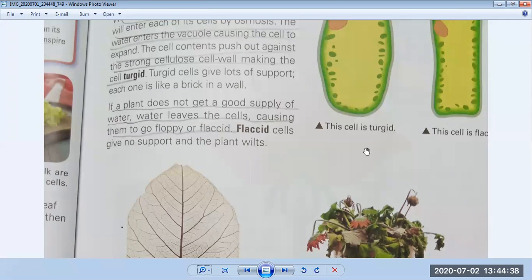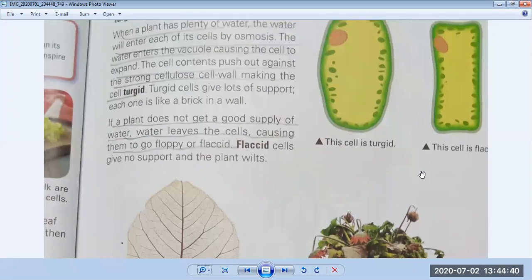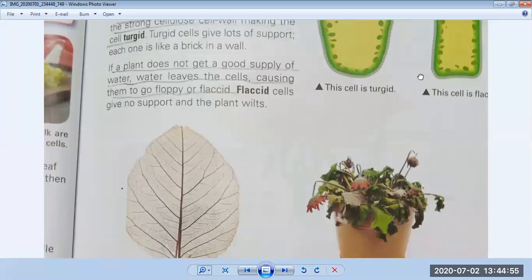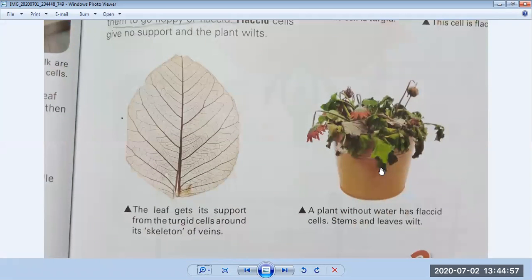You can also see this is a diagram of a flaccid cell. This is a turgid cell which is strong, and this is a flaccid cell which has shrunk because it has lost its water, so it cannot support the plant. Its example you can see in your book. This diagram is given: a plant without water has flaccid cells, and stems and leaves wilt.